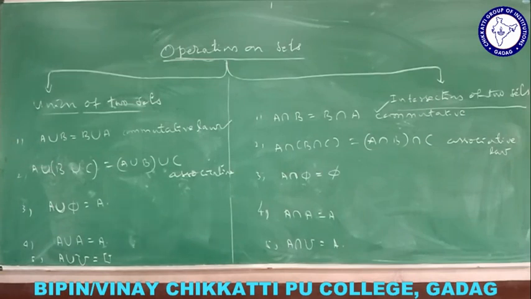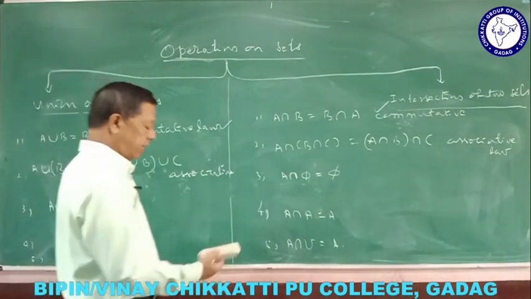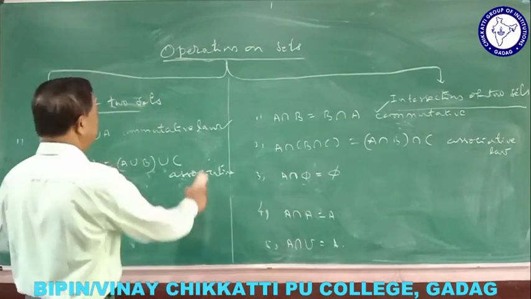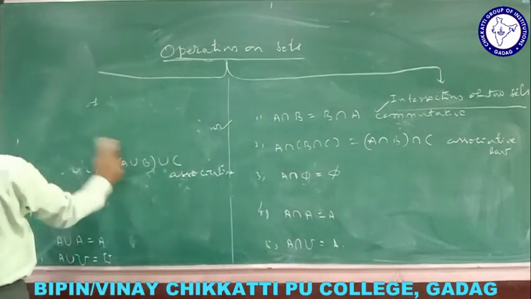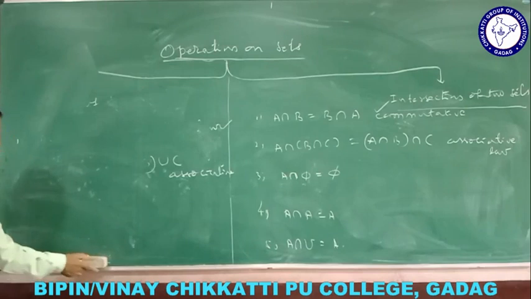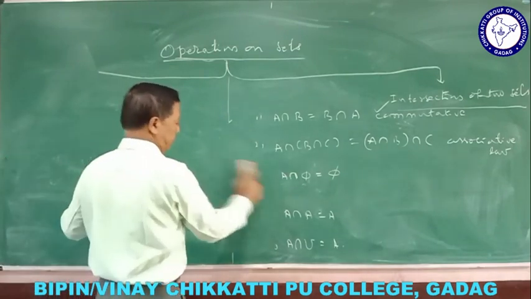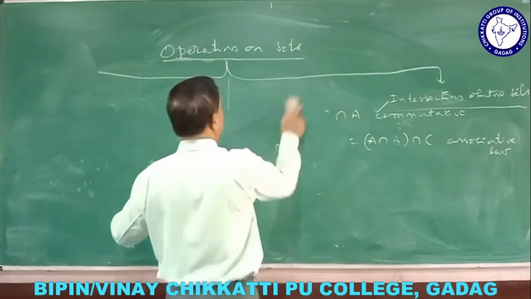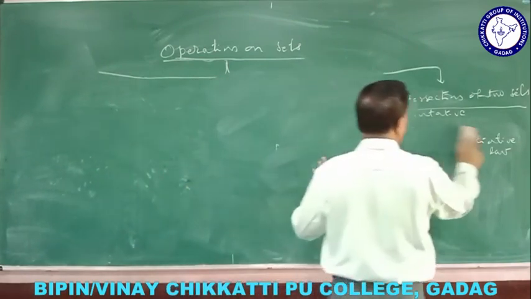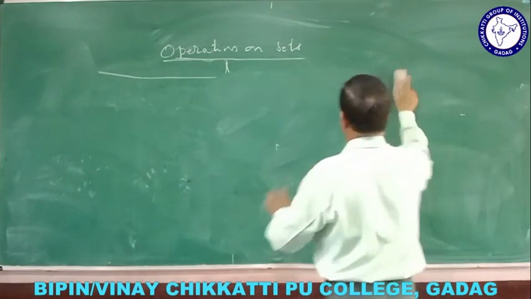Here you see examples and accordingly the Venn diagram, which I have already told you. But now let us see how we discuss it by taking Venn diagrams under the union of two sets. Suppose there are two sets.